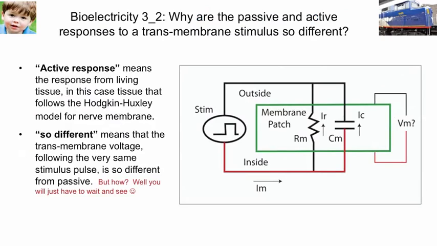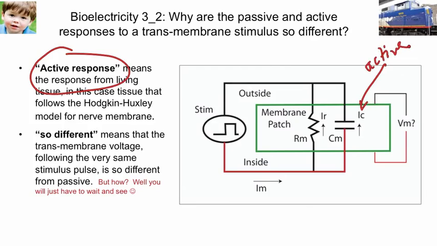Now, if in comparison, we start talking about the active response, the active response doesn't make anything about the experiment different. It's exactly the same experiment, or in this case, exactly the same computer simulation, except that the tissue itself, our membrane patch, is now active.